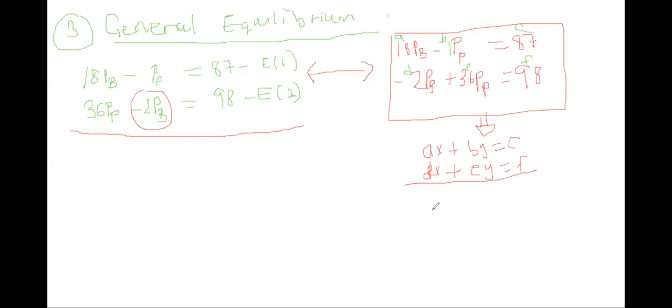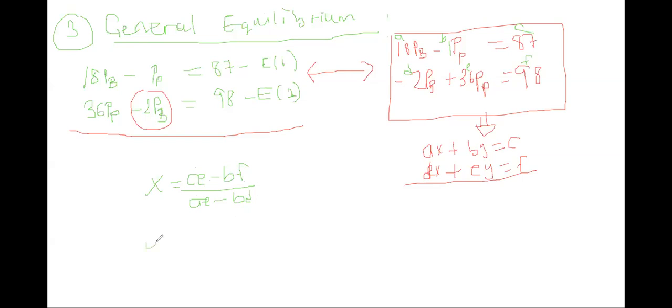So we have all this. If you want to solve this equation, it means finding the value of x and y. We have stated that x equals (C times E minus B times F) all over (A times E minus B times D). We have done this.